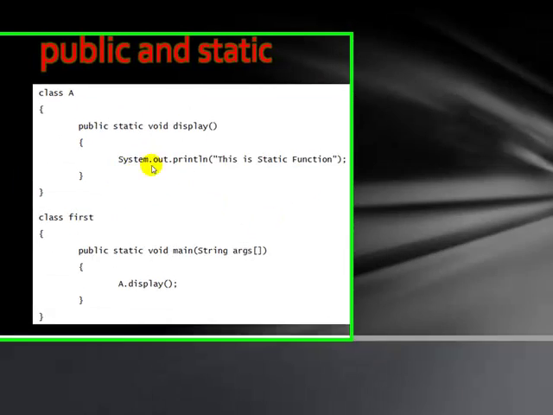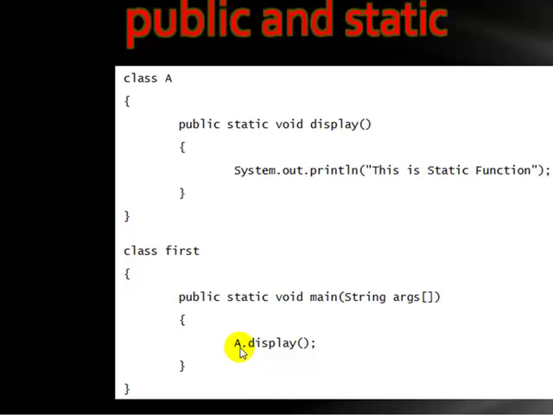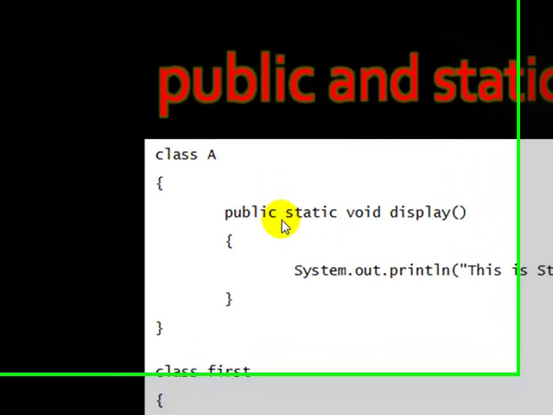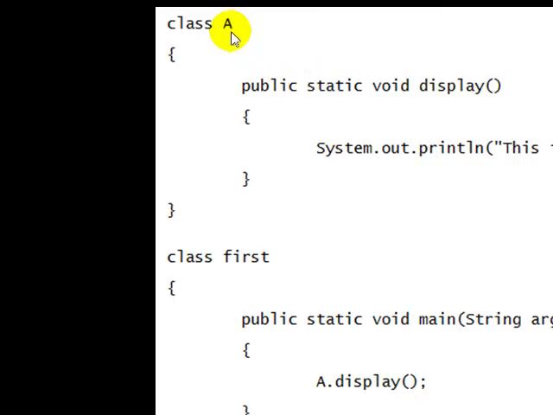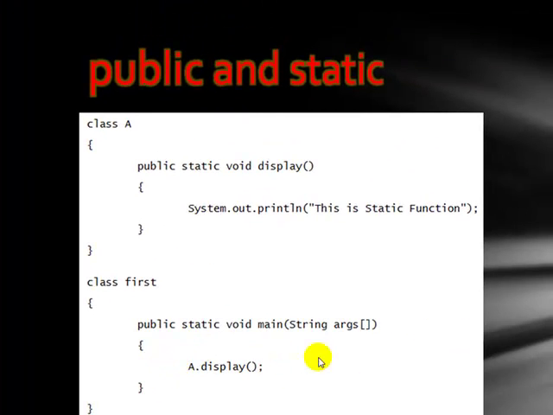This is due to access specification, that is public access right to display method. And we are using A.display because it is declared as static. A is class and not the object.